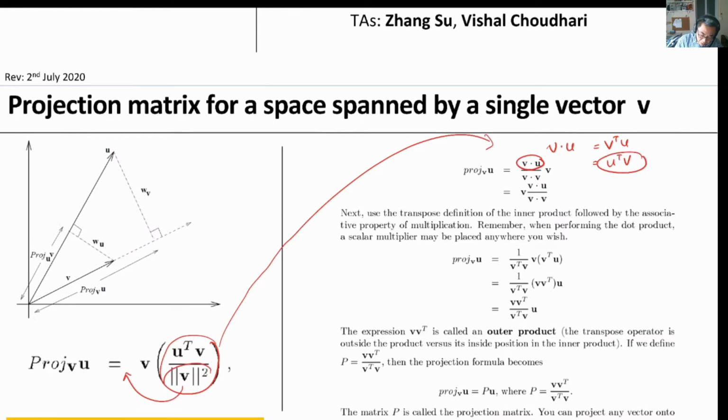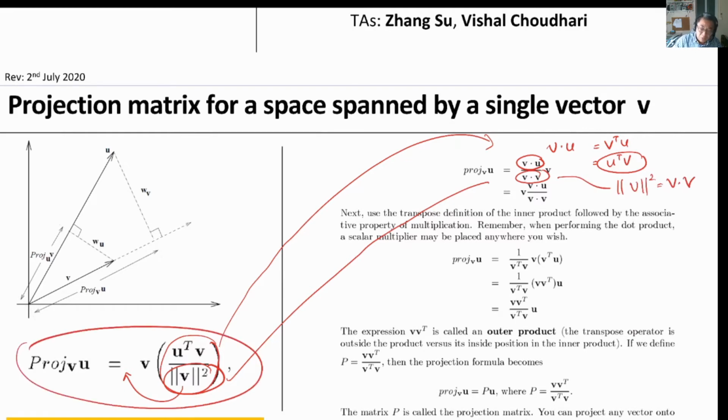What about the denominator? The denominator norm of V square equals V dot V. So we see how we went from this equation on the left hand side to the equation on the right hand side.